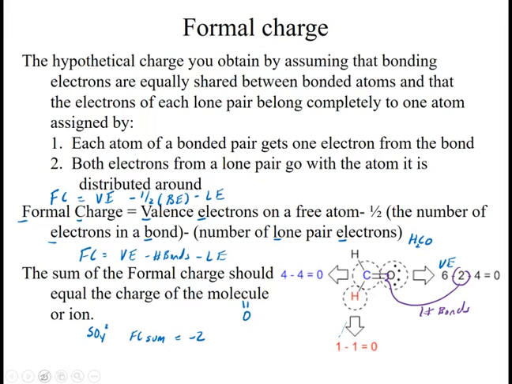And the 4 goes to the lone electrons. Okay, so that's how you do this. And then when all of these are 0, so this is a molecule, when I add these up, 0, 0, and 0, I get a sum of 0.